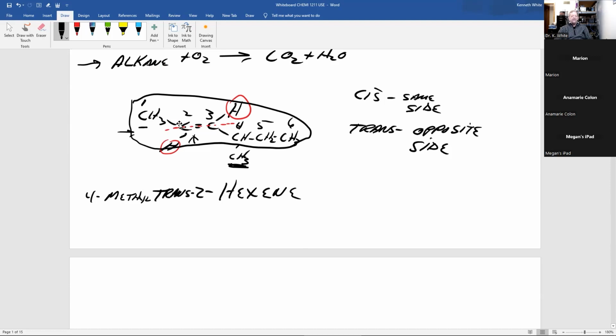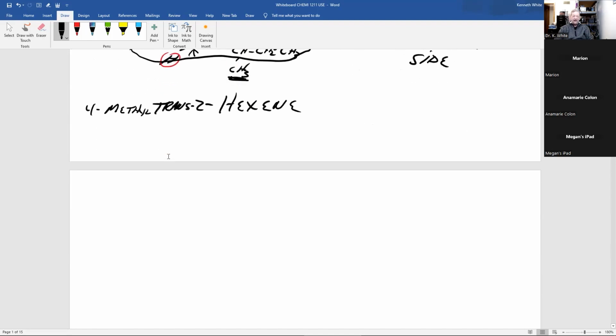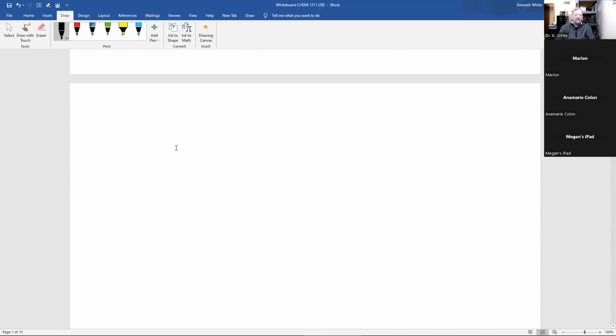And that is, give the IUPAC name, meaning the official name. I'll never ask you what IUPAC stands for, but for this class, you just have to know that means the official name. The other type is: draw the structure of the following molecule given a name, IUPAC, or one common name, which was acetylene.